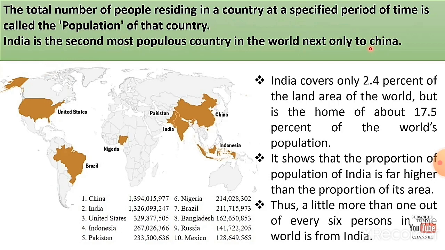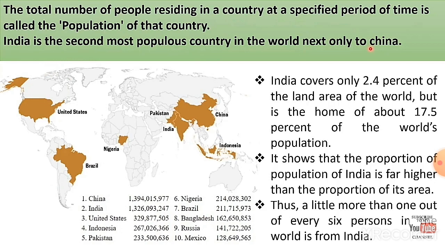India is the second most populous country in the world, next only to China. India covers only 2.4% of the land area of the world, but is the home of about 17.5% of the world population.